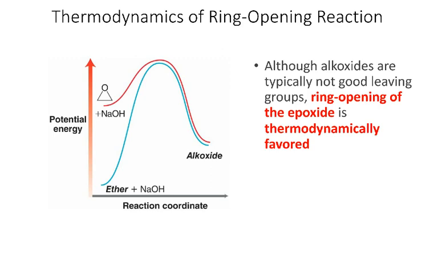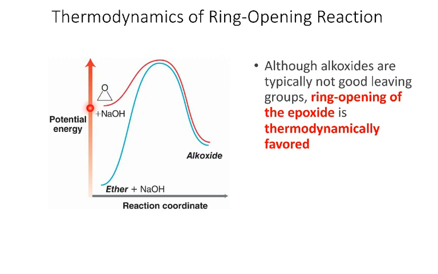Now, the reason that these ring opening reactions can still happen without first having to protonate that oxygen is due to the thermodynamics. A normal ether or an alcohol is relatively stable, and so if I try to have the OH or the OR as the leaving group, that alkoxide that we form is less stable than the ether, and so that reaction doesn't really want to happen.